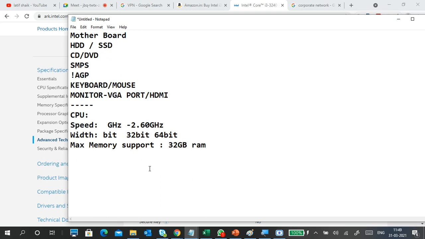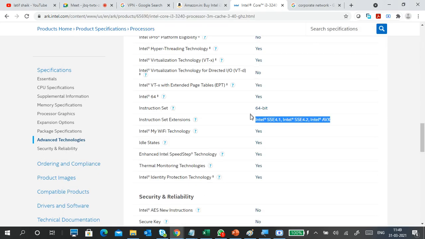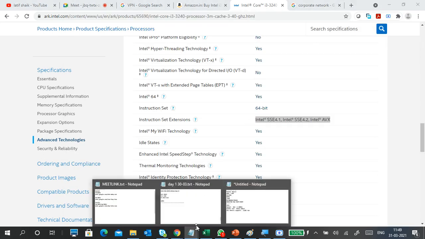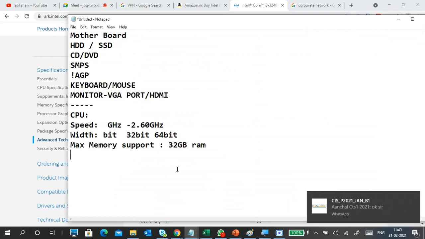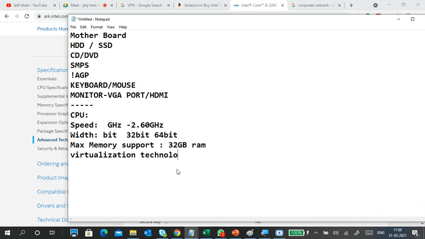You have to check that. Virtualization technology support is there or not, for example VT-x, one of the virtualization technologies. The instruction set is also 32-bit or 64-bit.